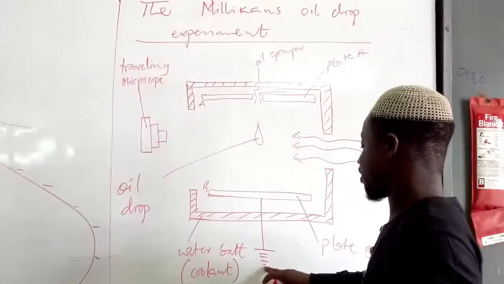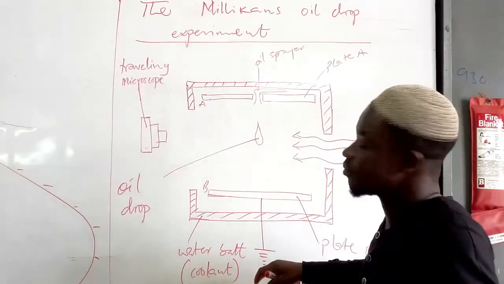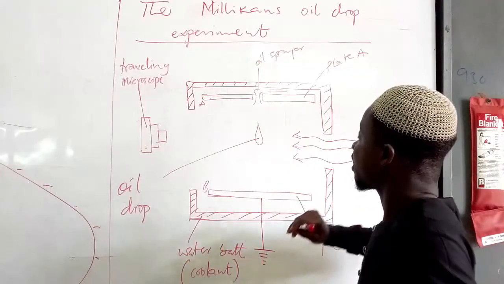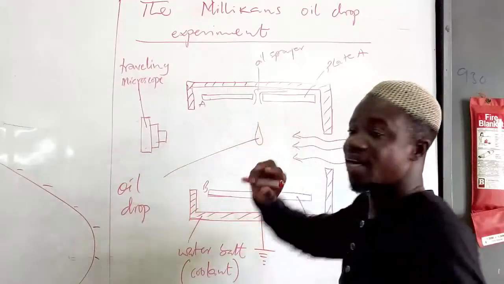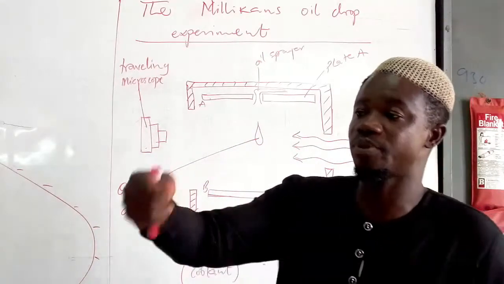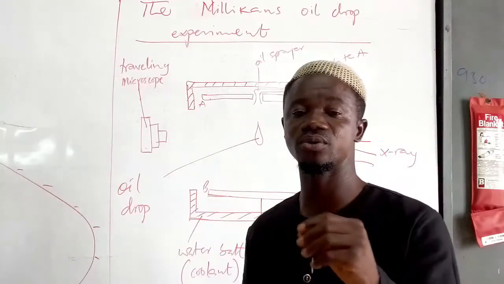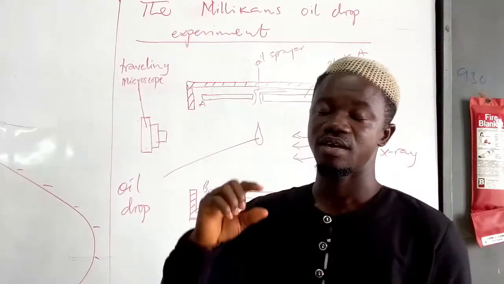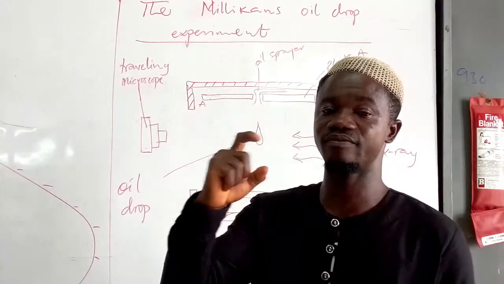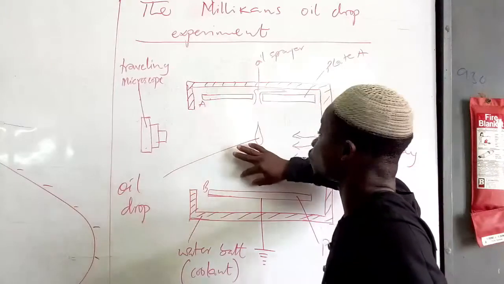Plate B is earthed to make sure that the potential on plate B is 0. And then there's a traveling microscope. When the oil sprayer sprays the oil, there are so many droplets coming, so the traveling microscope focuses on one of the oil drops and tries to observe that particular oil drop as it falls from plate A towards plate B.